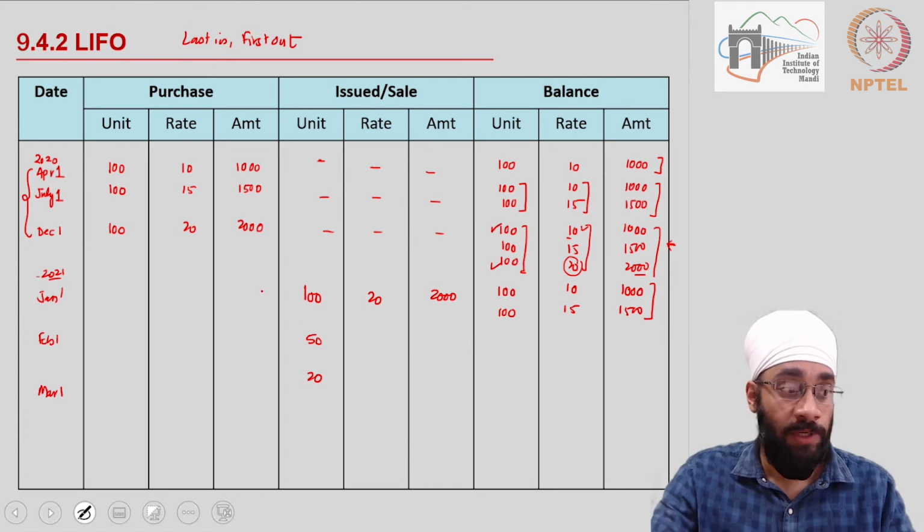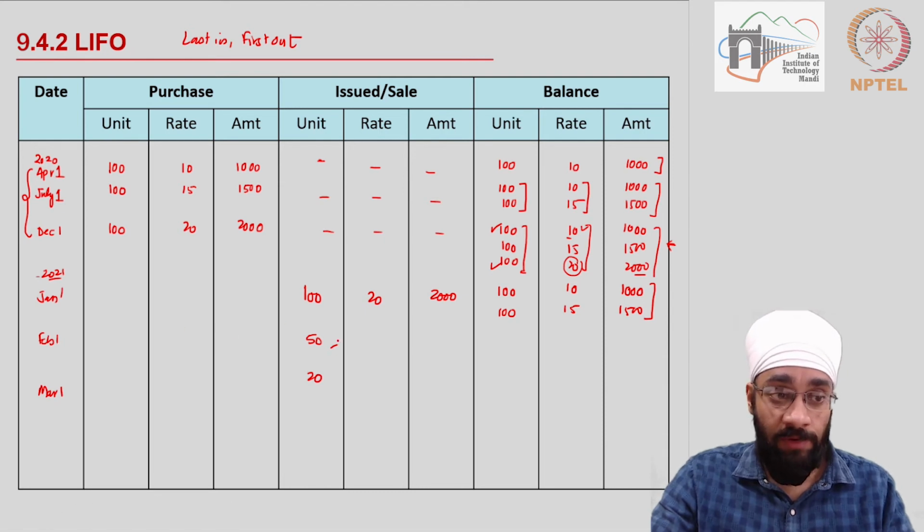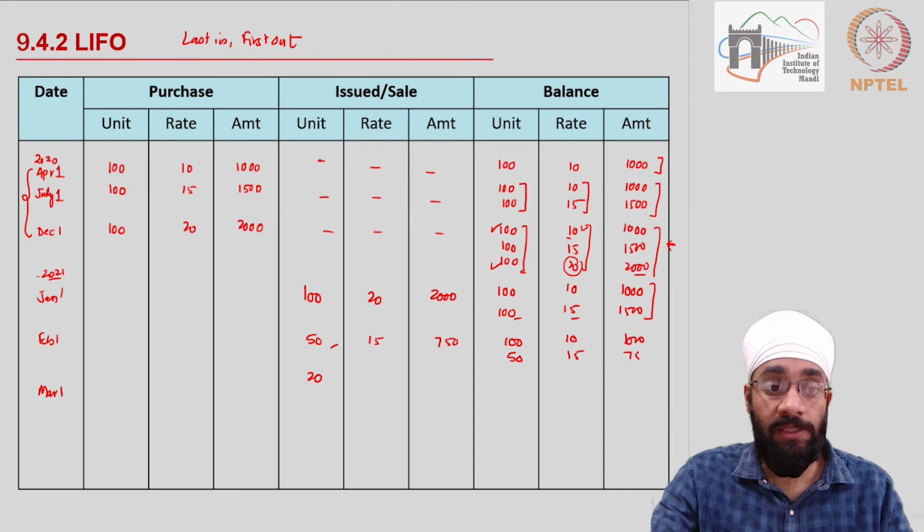So on February 1st, likewise, you are selling 50 units, and you are going to sell the latest one first at 15 rupees, and this is 750. You are left with 100 and 50 at 10 and 15, so 1000 and 750.